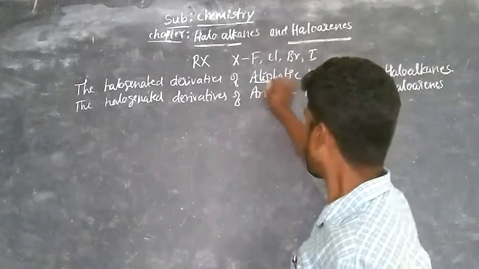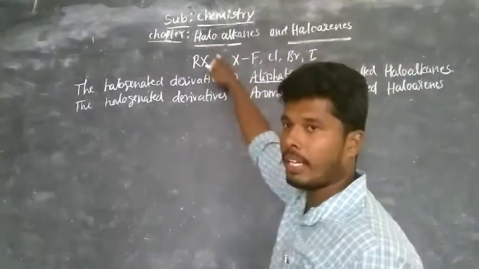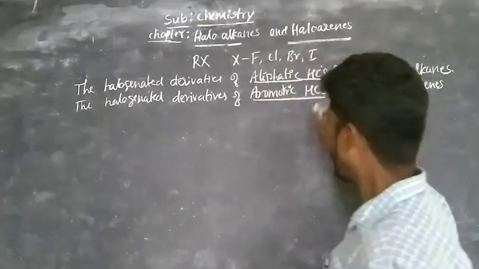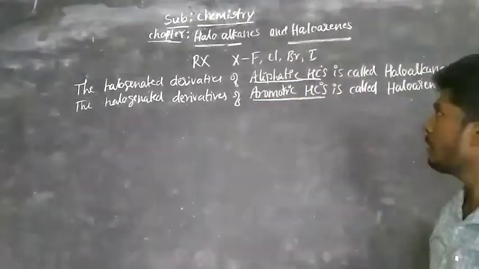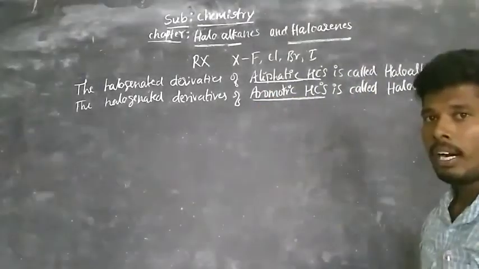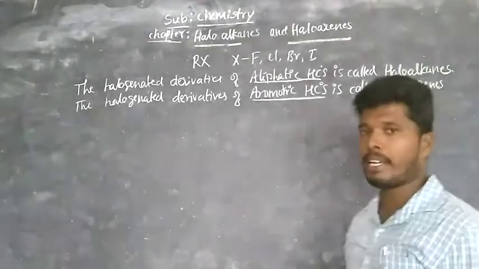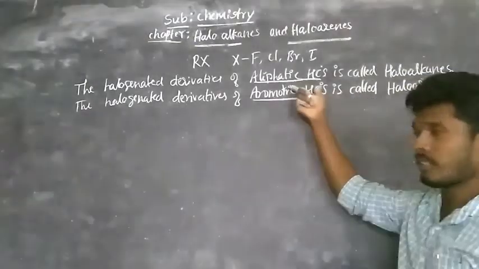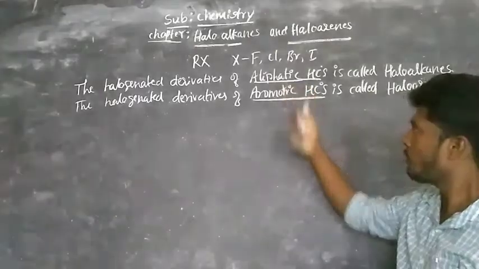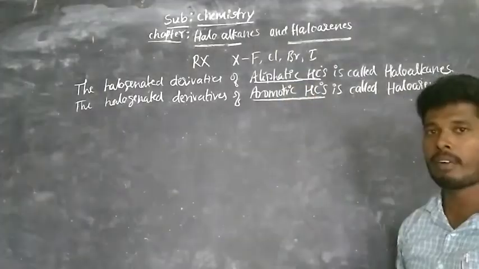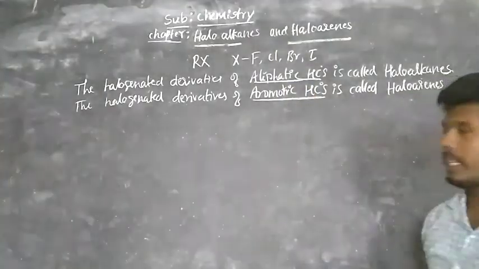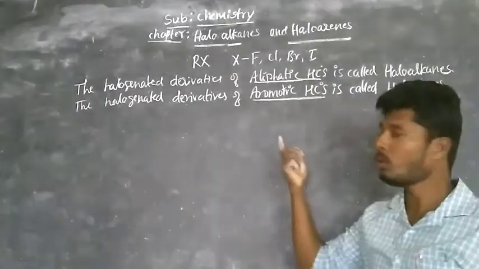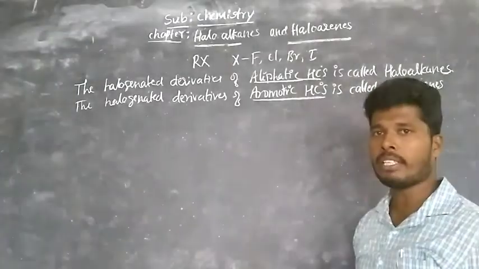Here, if R is an aliphatic hydrocarbon, then you get haloalkanes. If R is an aromatic hydrocarbon, then you get haloarenes. There are so many applications or uses of these aliphatic and aromatic halogen compounds, so it is necessary to study haloalkanes and haloarenes.